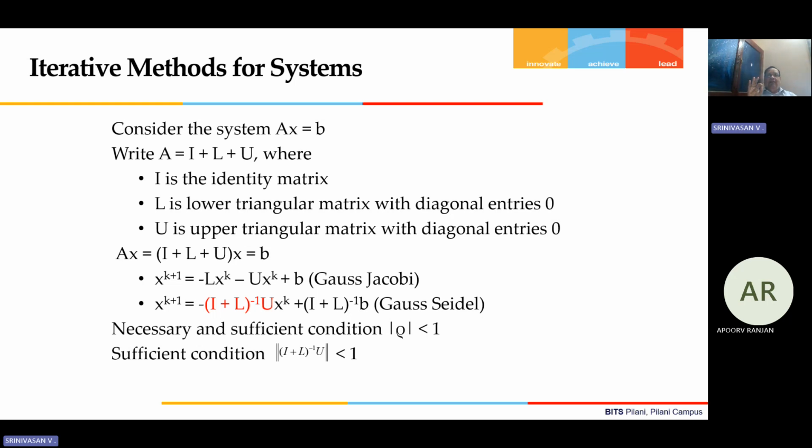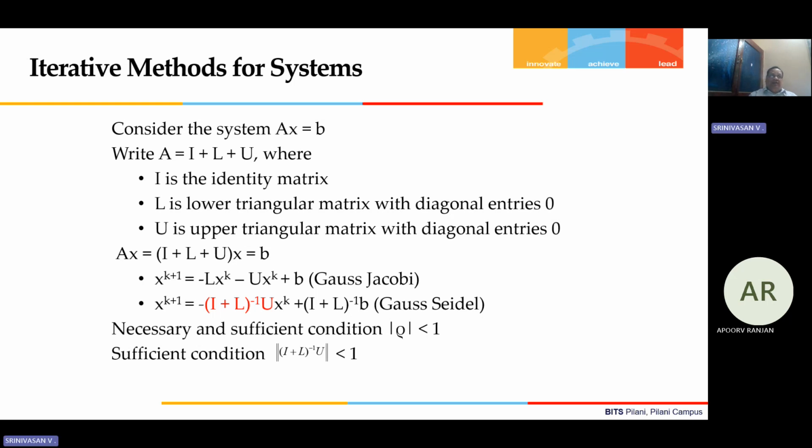L is the lower triangular matrix, that means entries above the principal diagonal elements are zeros. And also, we consider here principal diagonal elements also zero. That is how we are doing the decomposition here.